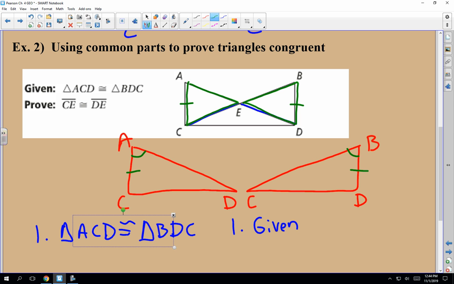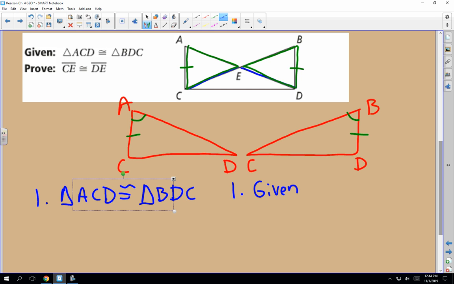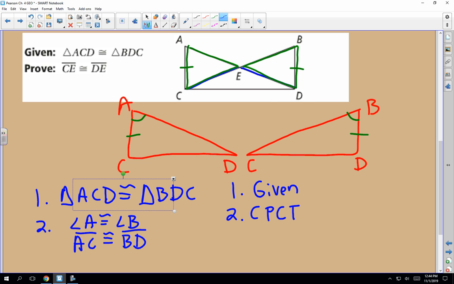So we're going to make that statement like this. We're going to say, number two, angle A is congruent to angle B, and AC is congruent to BD. I'll move out of the way here. So angle A is congruent to angle B, and AC is congruent to BD, and that's by CPCTC.